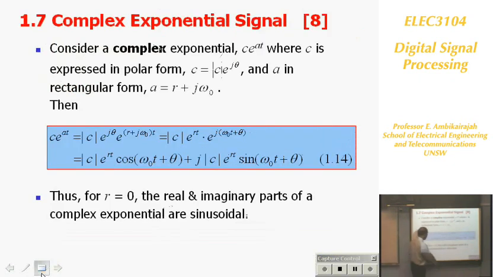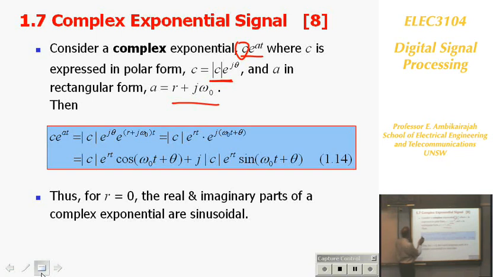And if you have a complex exponential, which you probably haven't done quite as much, you write this down, and the amplitude is not real now. You just get a complex value, c e^(jt). You can write them in rectangular form.